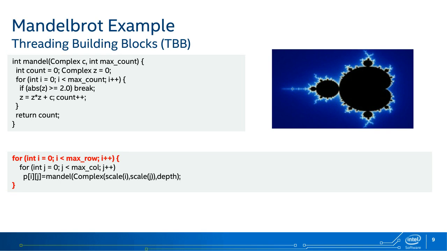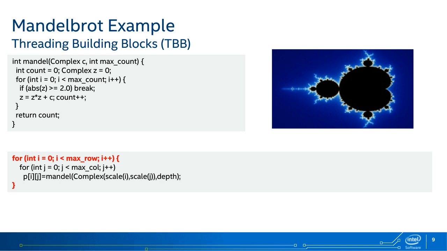In this bottom doubly nested loop, we have two loops, an I loop and a J loop, and they invoke this function Mandel. And this is what is called an embarrassingly parallel problem. Each invocation of this Mandel function can be computed independently and in parallel. So with TBB, we express this by using a parallel loop.